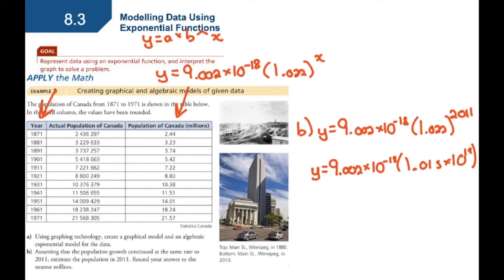Multiplying those together gives us 91.22, and because we're dealing with the population in millions, 91.22 million.